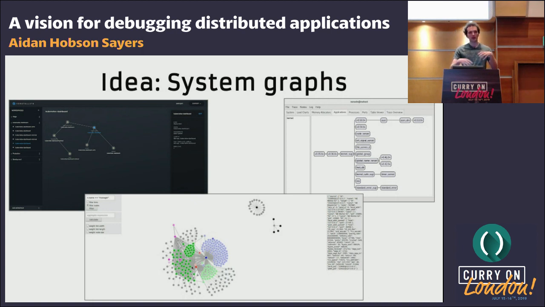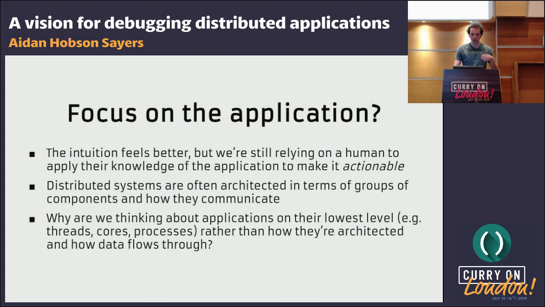So this is interesting because it's giving us a better intuition. It's closer mapped to how we think about our distributed system. It shows the connections, it shows how they're interacting with each other. But we're still relying on the human to figure out, well, this worker, I need to click around the workers, see if there's anything overloaded in order to make it actionable, in order to know what to do next.